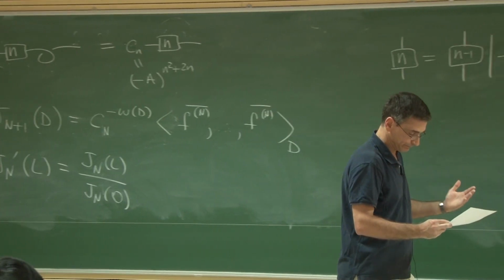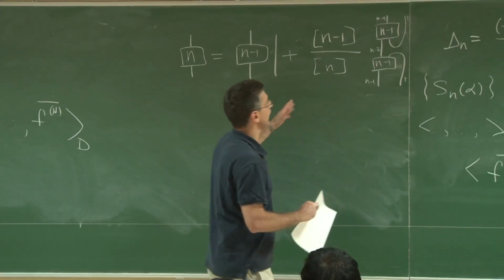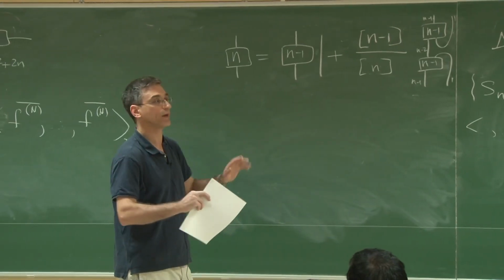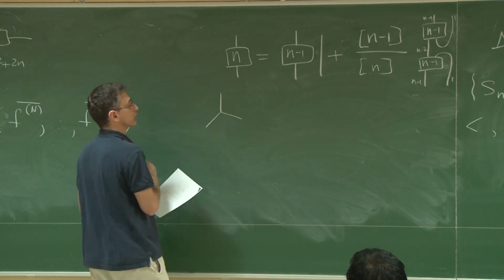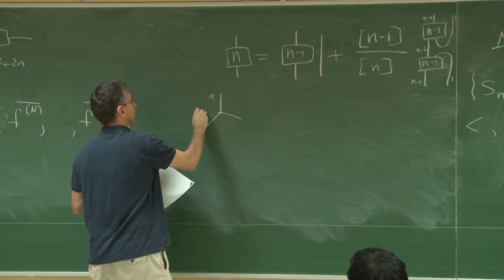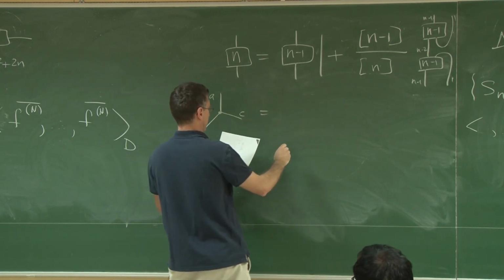And then there are lots of other formulas. Let me give you a very quick sense of them. We have trivalent formulas. A trivalent diagram labeled with A, B, C is a diagram that looks like this.